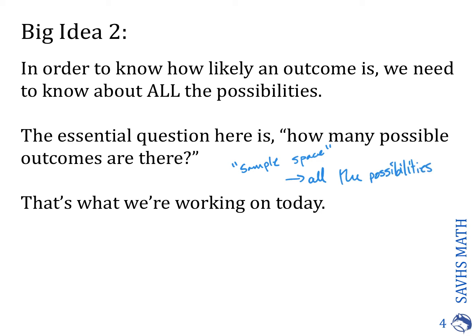If we can figure out all the possibilities, then we can start to figure out our probabilities. So really what I want to look at is how many possible options there are for outcomes of events. We're going to do that today, and then we'll get into the probability stuff later.